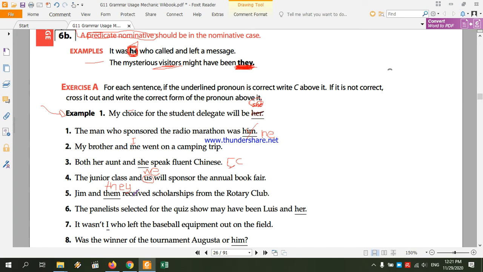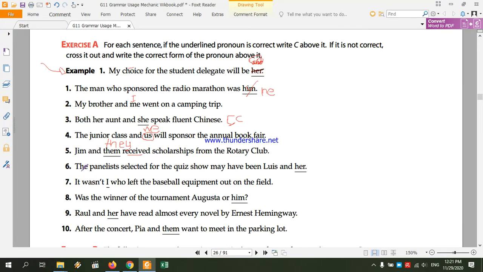They are the persons who received, so they are the subject of this verb. The panelists selected for the quiz show may have been Louis and she. The candidates may have been Louis and she.